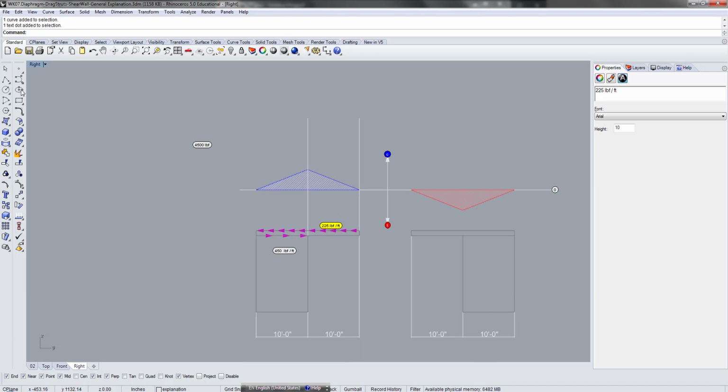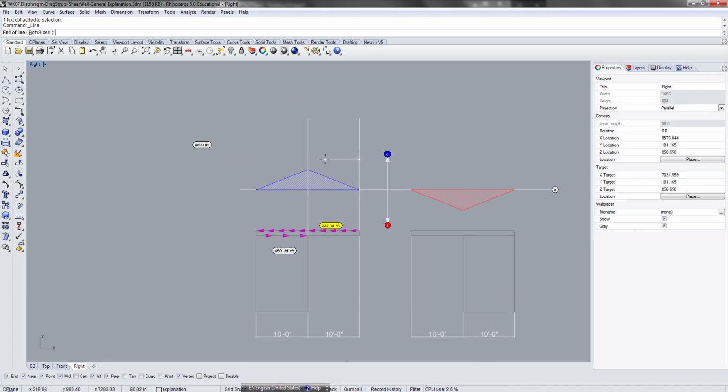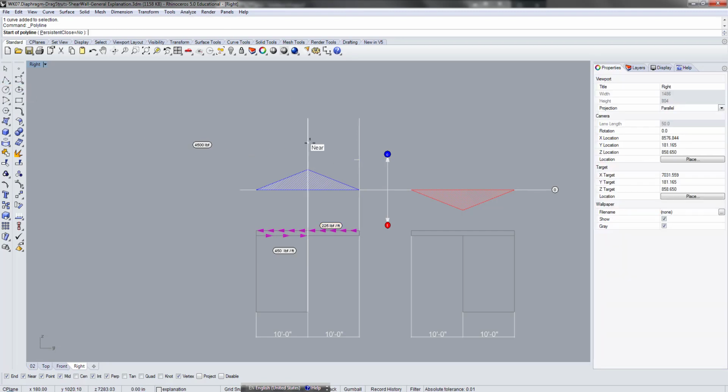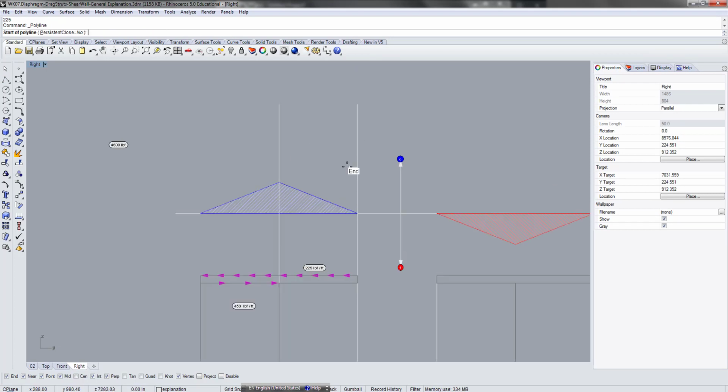So for every foot, let's say 12 inches, you're going to experience 225, which is super huge. So I'm going to do slightly smaller, let's say 0.225, no, let's say 2.25.